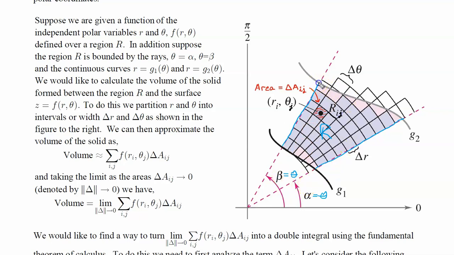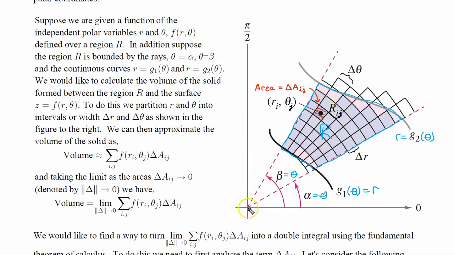This bounding curve up here, that's the bounding curve r equals g2 of theta. g2 is some function of theta. And this bounding curve down here is r equals g1 of theta. So those are the bounding curves for this region R.